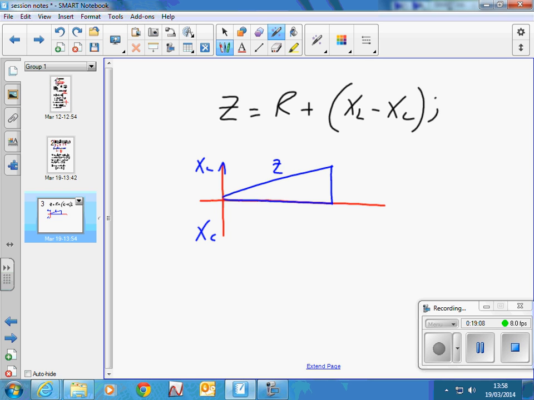What's the ideal value for the reactance to give us the smallest possible value for Z, and what is the value of Z? The smallest value we can have for Z is when this angle is 0. And when does that occur?